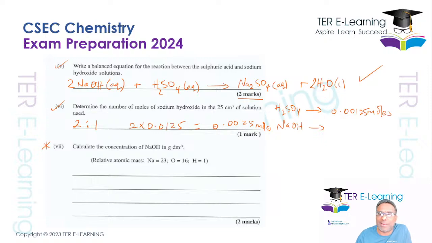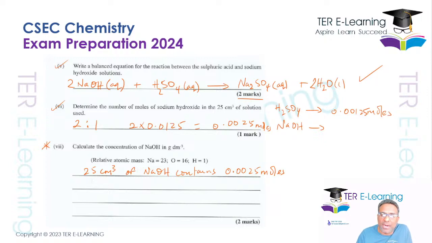Next thing we want to do now is calculate the concentration of the sodium hydroxide in gram per dm cube. So what we do know is that 25 cm cube of NaOH contains 0.0025 moles. So that's the number of moles of sodium hydroxide we have here.